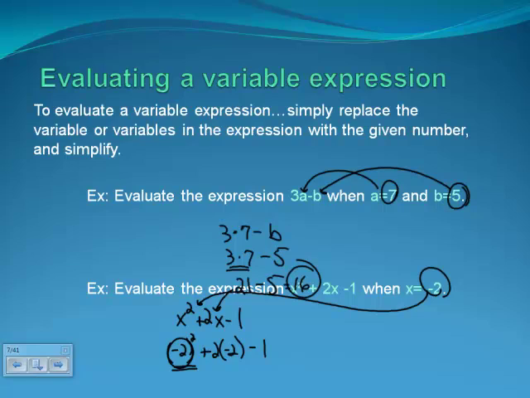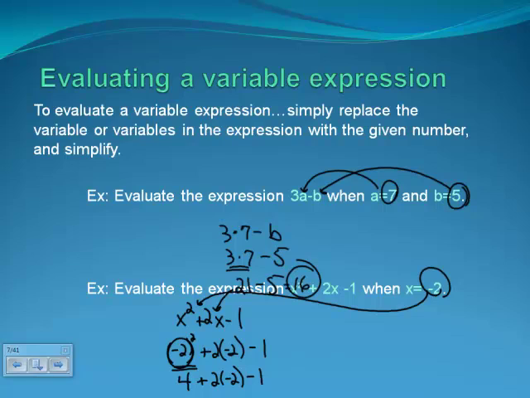There's nothing to simplify within the parentheses. And so therefore, we will move on from parentheses to exponents. So negative 2 squared, negative 2 times negative 2 is a positive 4 plus 2 times negative 2 minus 1.